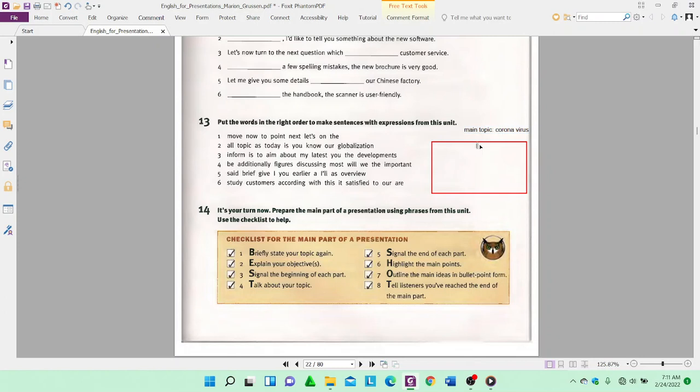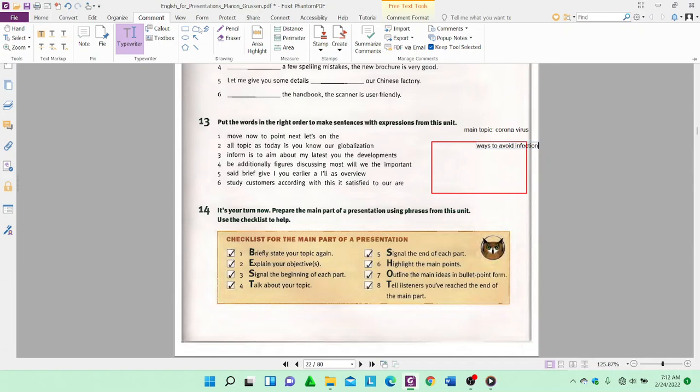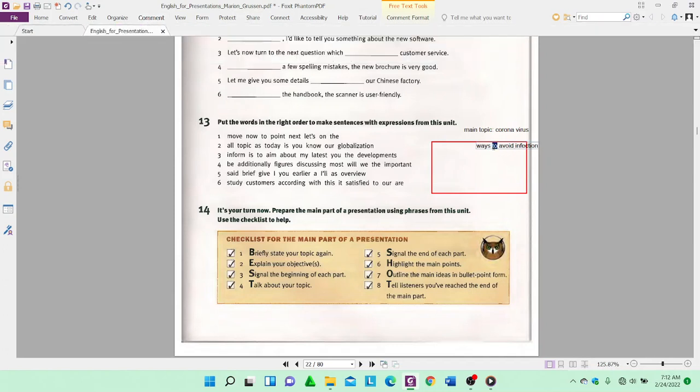Sorry. Judul di slide 3 adalah misalnya tentang ya apa ya, ways to avoid infection. Misal ya. Jadi cara untuk menghindari infeksi. Nah, kita berbicara tentang corona ini satu.